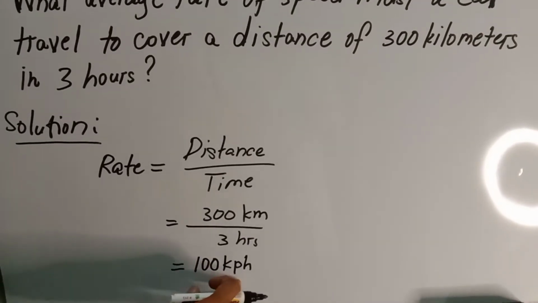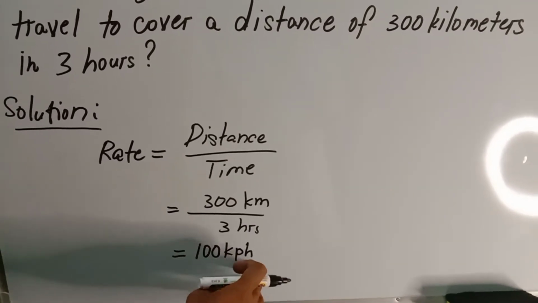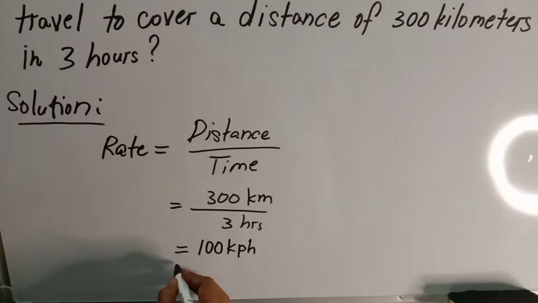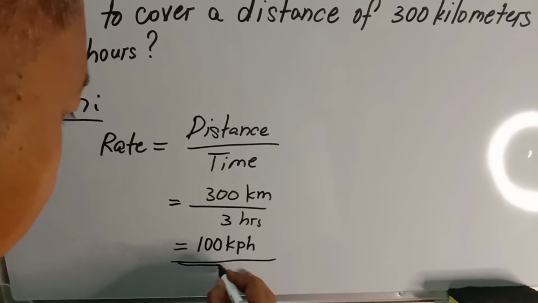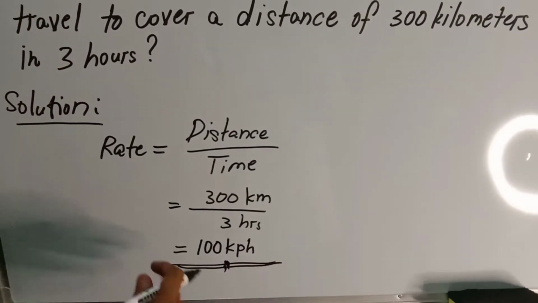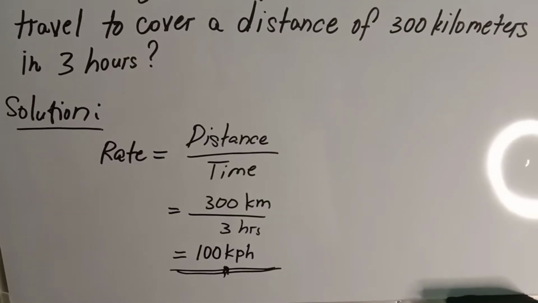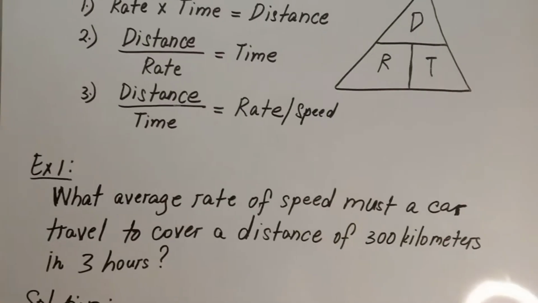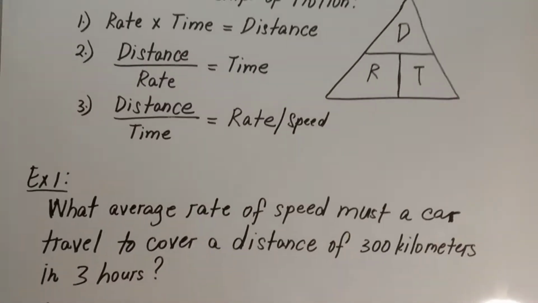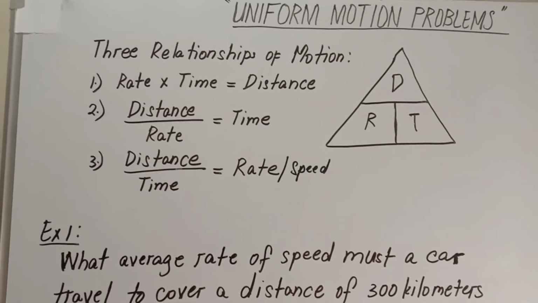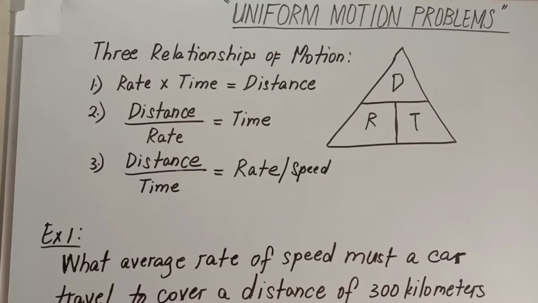We usually write this expression for kilometer per hour as kph. So this is the simple answer to this problem. Now, to understand more, I will give you another motion problem related to these three relationships of motion.